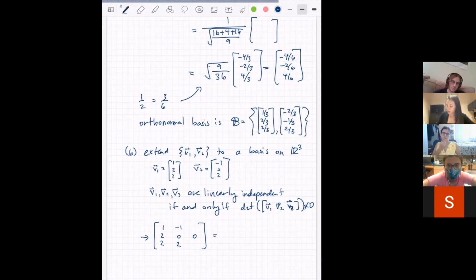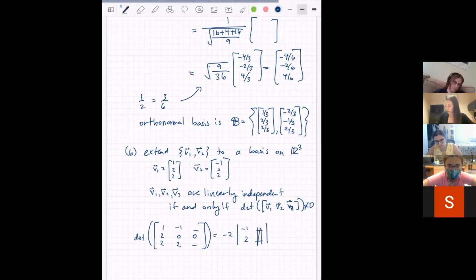So if we start computing the determinant, leaving these blanks for now and filling them in a second, we would get -2 times the determinant of -1, blank, 2, blank, and the other terms of this expansion are 0. So we just need to fill in some numbers that will make this not equal to 0.